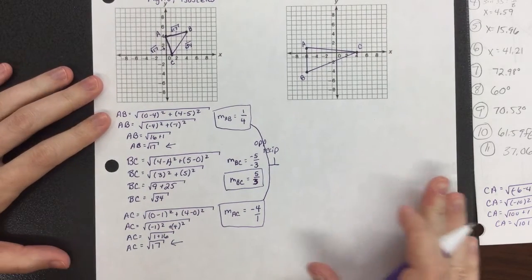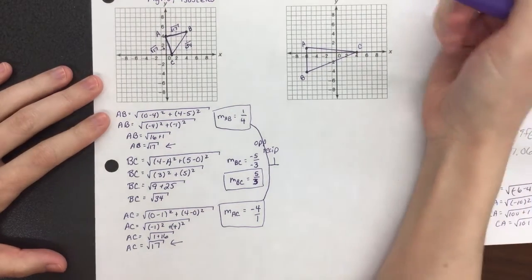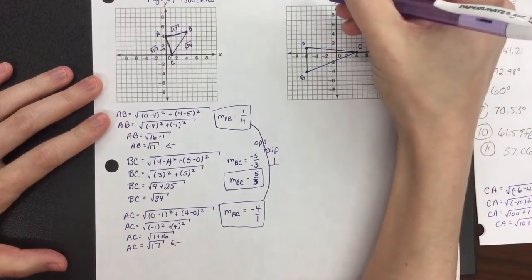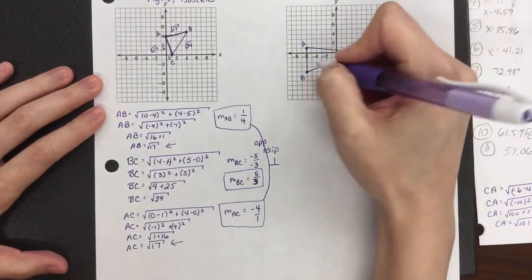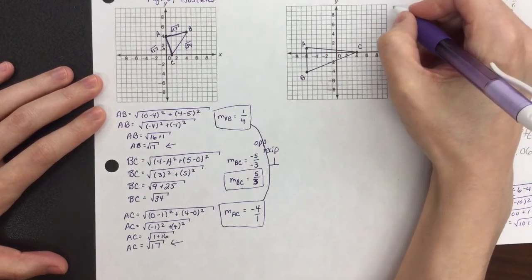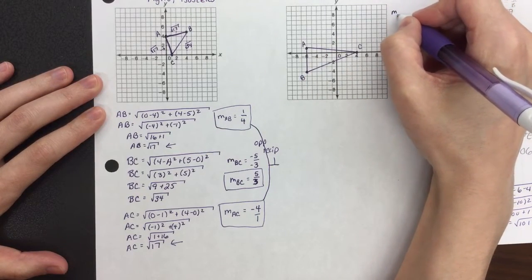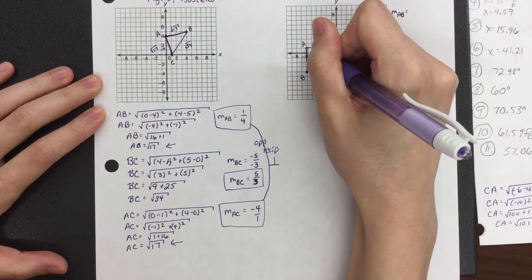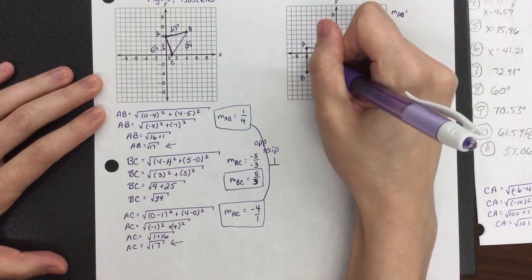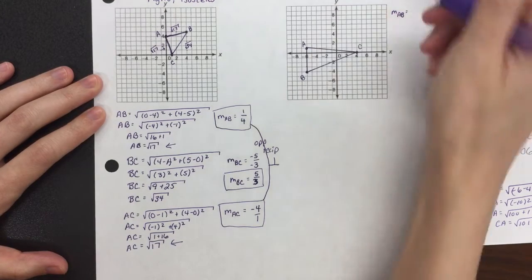If we look at the next one, again, we're classifying by angles and sides. So in order to be able to classify by angles, we would have to know the slopes for all three. So if we do the slope for AB, start at A, go to B, we go 1, 2, 3, 4, 5 down.